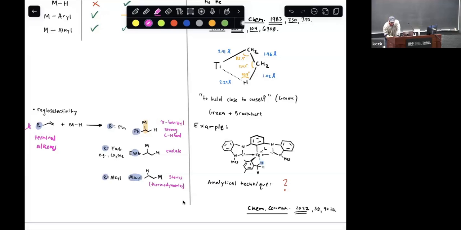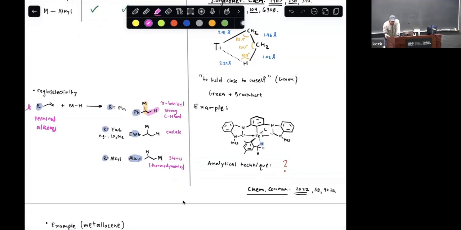And you see here that compared to the alternative regiochemical outcome, where you would form a C-H bond at the benzylic position, you form a homobenzylic C-H bond that is relatively strong. So you have two points that argue in the same direction in terms of favoring this regiochemical outcome.